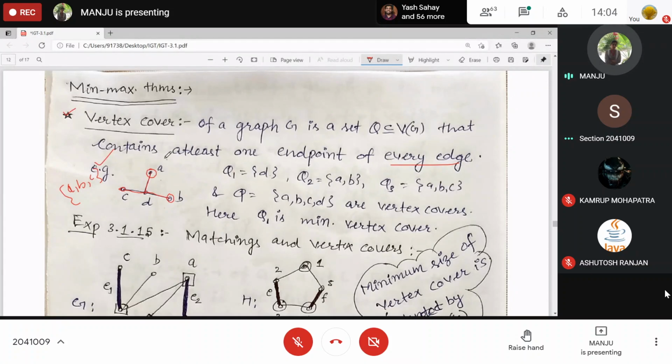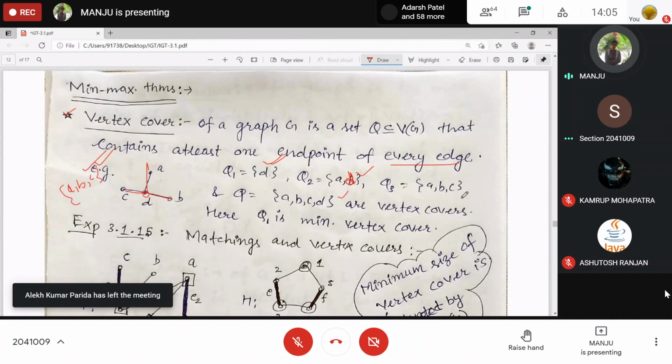What about if I take A and D, or B and D, or C and D, or just D? Is it covering all the edges? D is covering all the edges, right? A is covering this edge, and this edge, right? So this needs to be A and D or B and D. And A, B, C, and all the vertices, if you take them, will obviously cover all the edges, right? These are some vertex covers.